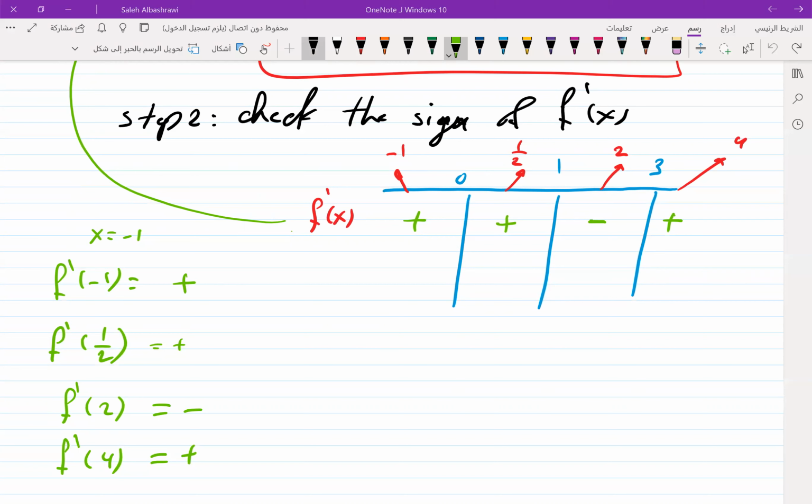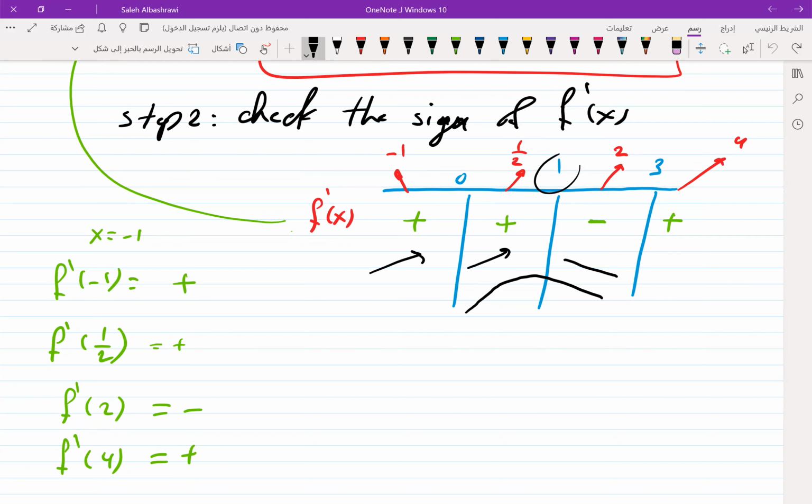Now you can see before 0, it is positive. After 0, positive. No change in the sign of the derivative, which means at x equal to 0, the function f doesn't have relative maximum or relative minimum because the sign of the derivative is not changing. Around the number 1, we have positive then negative.